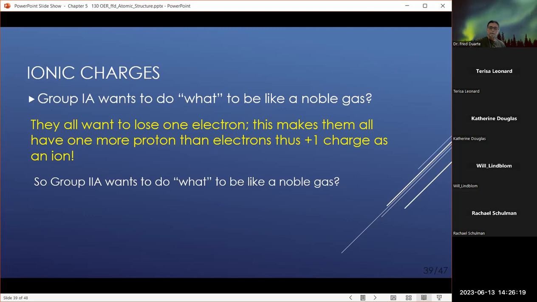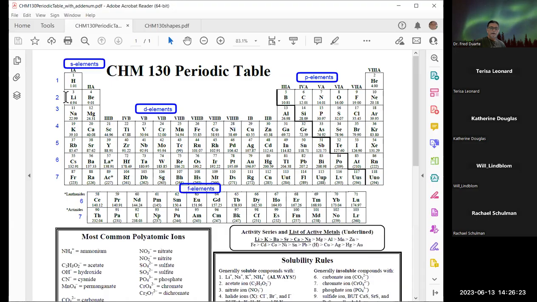For example, lithium right here. Lithium, by losing 1 valence electron, it's got 3 electrons altogether. By losing that 1 valence electron, it now becomes isoelectronic with helium.